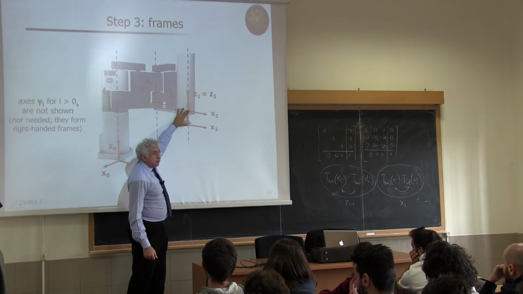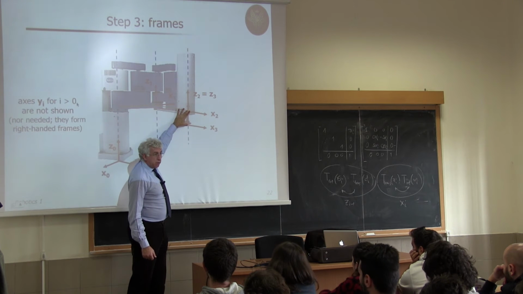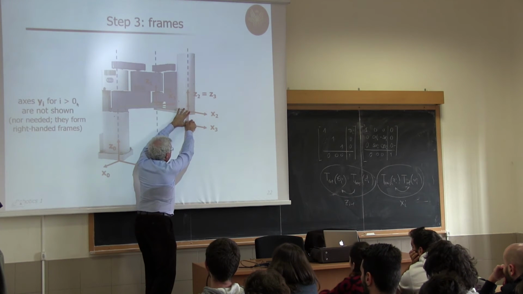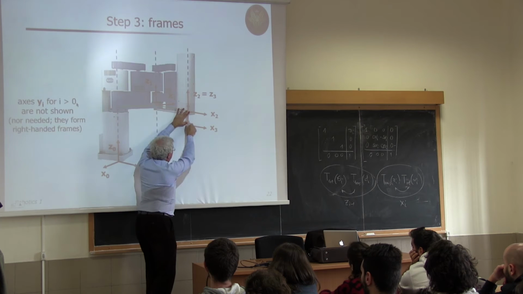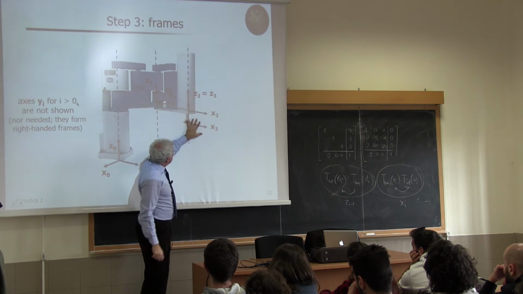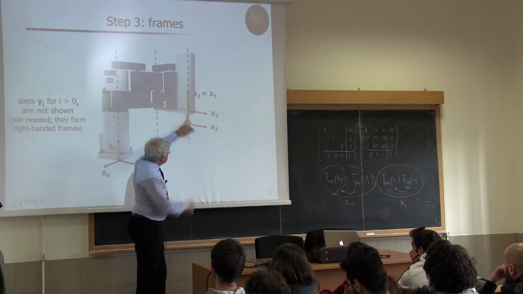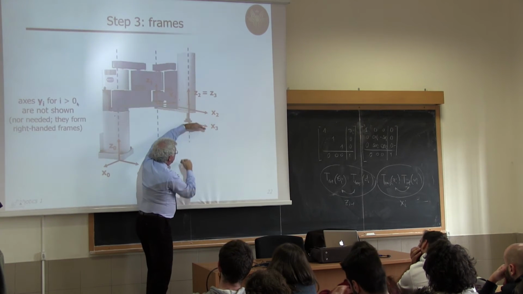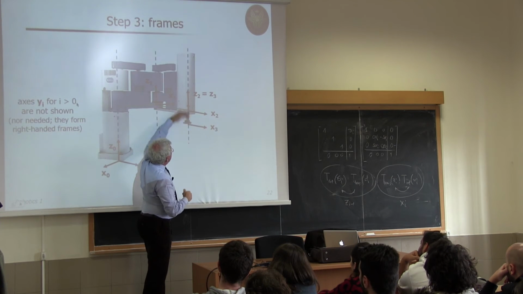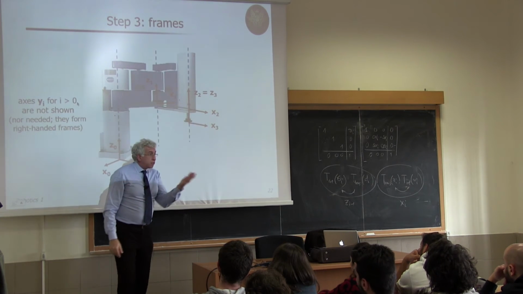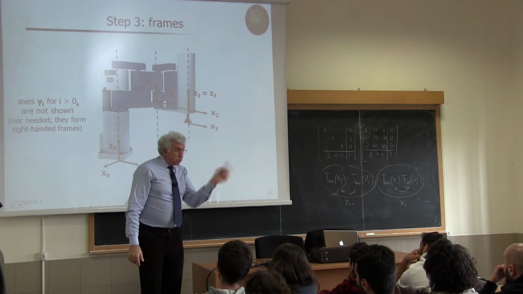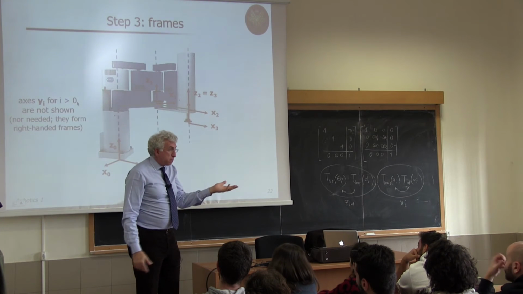And this will be the variable, because if I move joint 3 up and down, this will go up and down. Frame 2 remains fixed, but frame 3 moves together with link 3, so it goes up and down. So this distance between x2 and x3 along the joint axis is the D3 variable, which will be the joint variable Q3.